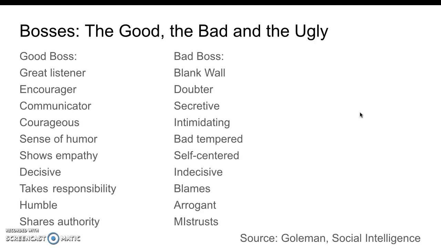Moving on to the next cluster of competency, under interpersonal communication and managing relationships, this cluster is known as social skills. Many of us envision folks who are socially awkward as lacking social skills.